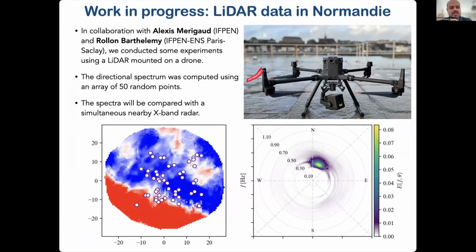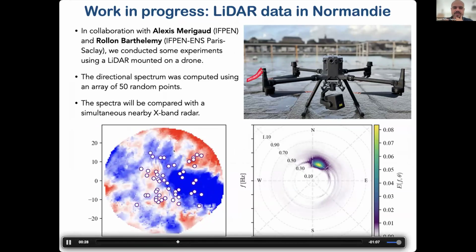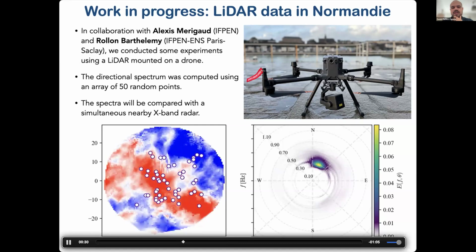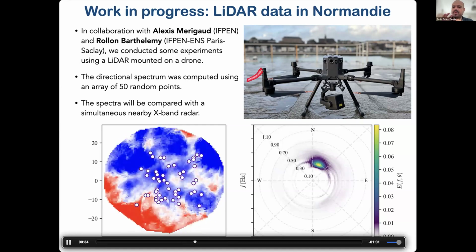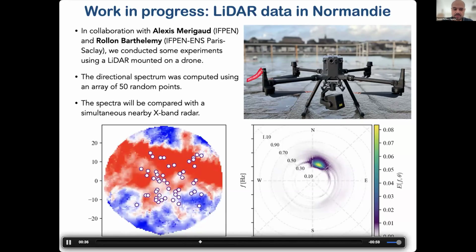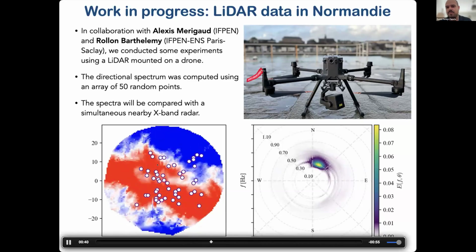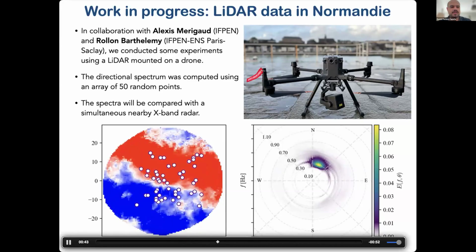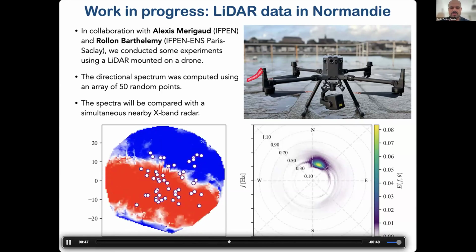We computed the directional spectrum using an array of points, extracting some 50 randomly distributed points. The objective is to compare the real directional spectrum from the surface elevation with the estimation when you have more limited data. We also have data from a nearby X-band radar, so that's another source of comparison.